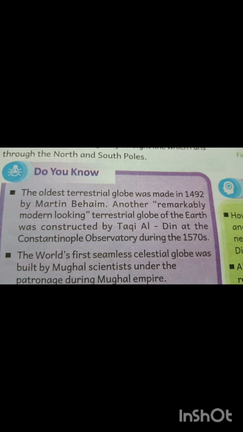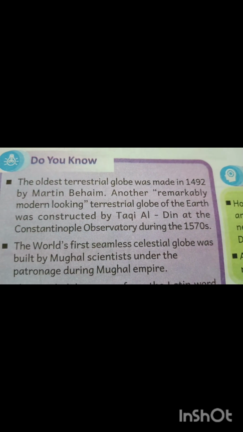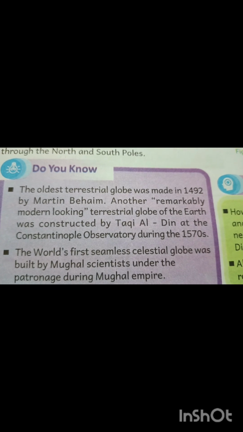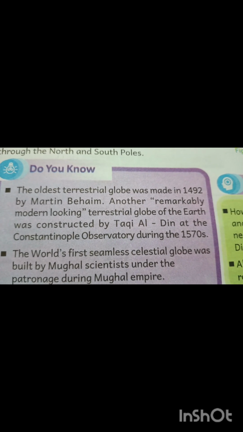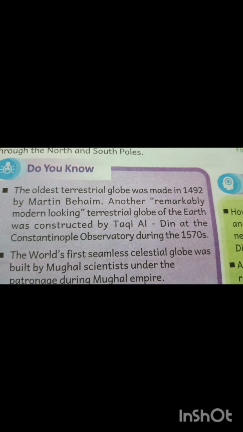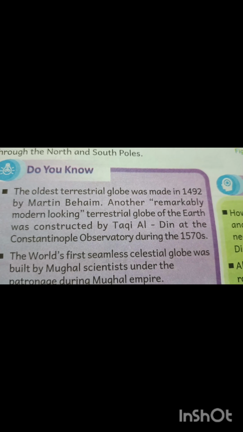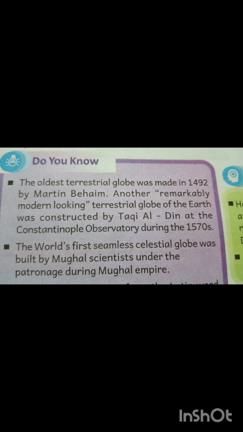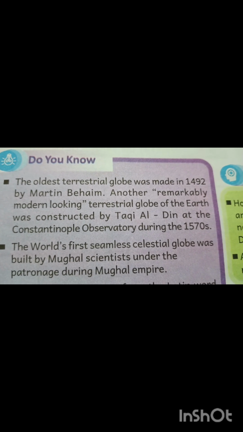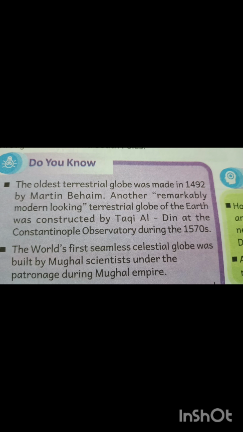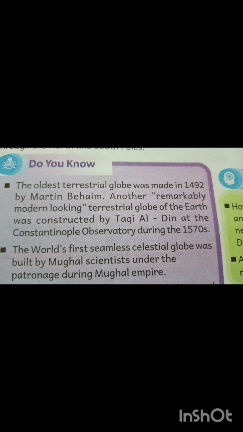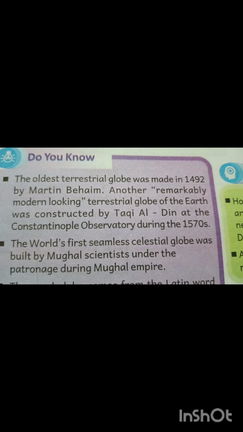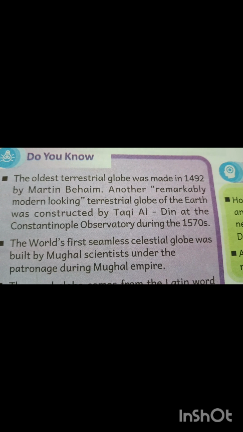Do you know the oldest terrestrial globe was made in the year 1492 by Martin Behaim? Another remarkably modern looking terrestrial globe of the earth was constructed by Taqi al-Din of the Constantinople Observatory during the 1570s.